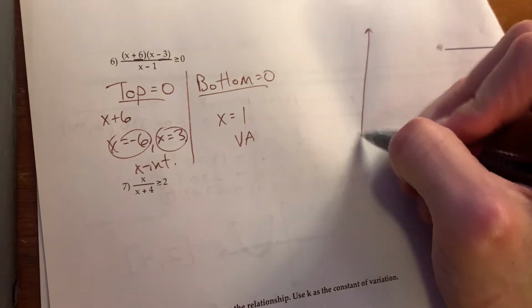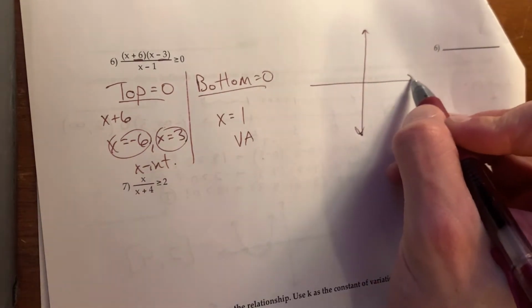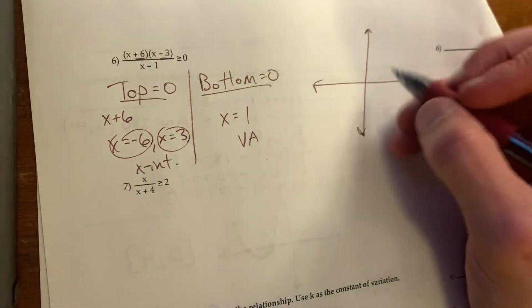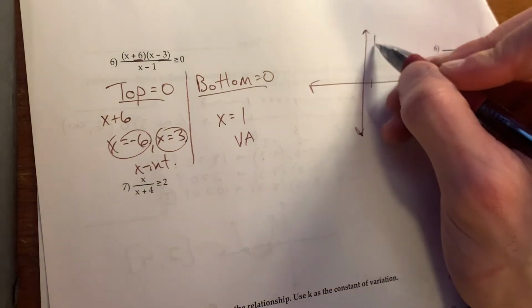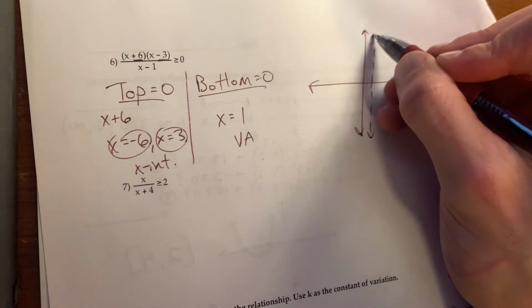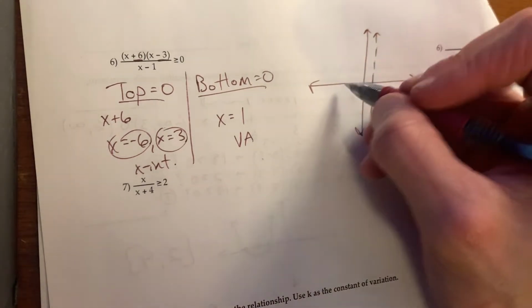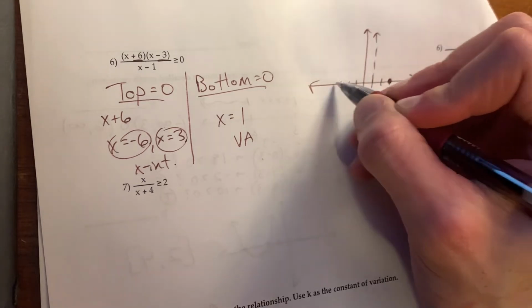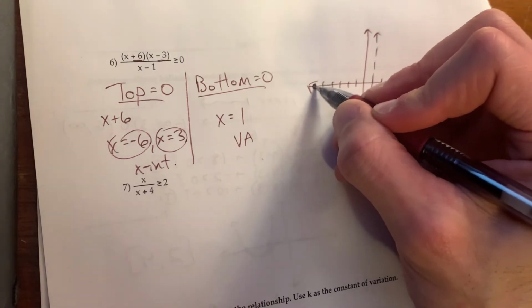So two x-intercepts here. If you remember right as well, this would give us a slant asymptote. You don't have to find that, but it's still helpful to know what to expect if you did look at the graph. So x-intercept at positive 3, x-intercept at negative 6.